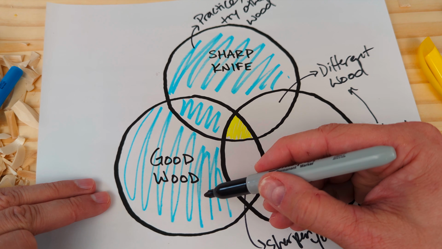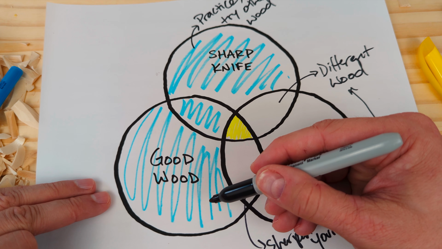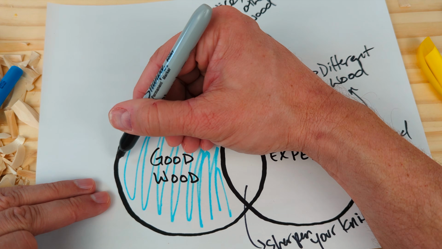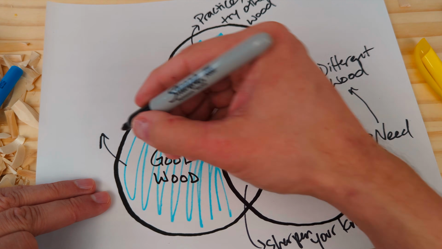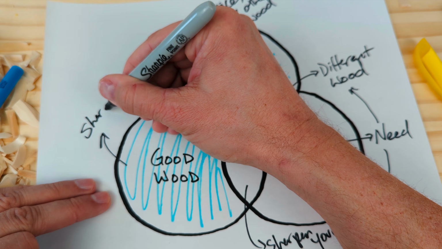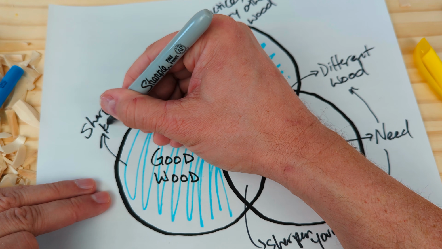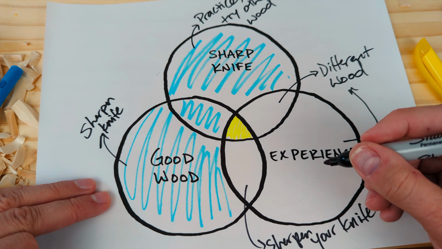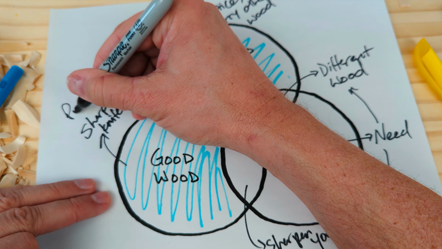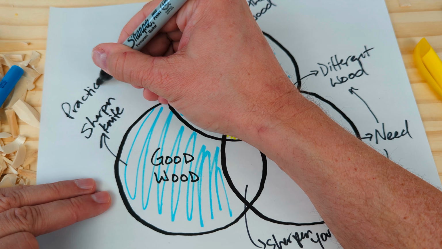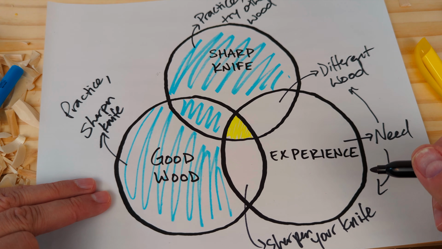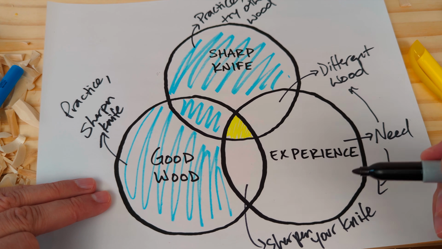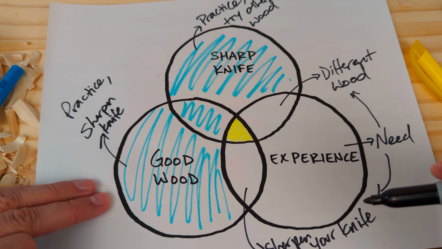You got it from a good, reliable source. You have somebody who told you that it's good wood, those things. Then your solution, of course, is going to be to sharpen your knife, right? And maybe you're going to have to learn about that, but you're also going to need to practice, right? Because you don't have that experience to tell for sure, right?